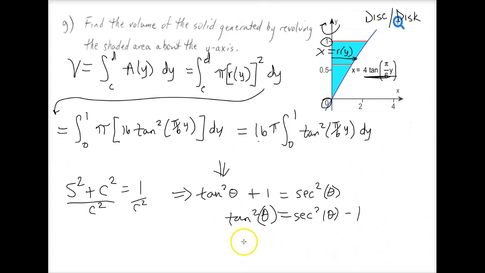And so the antiderivative of secant squared is just tangent. So if we rewrite this using this identity, then everything else will be pretty easy to do from this point. So I'll go ahead and erase this and then continue on with the problem, filling in that particular trig identity.